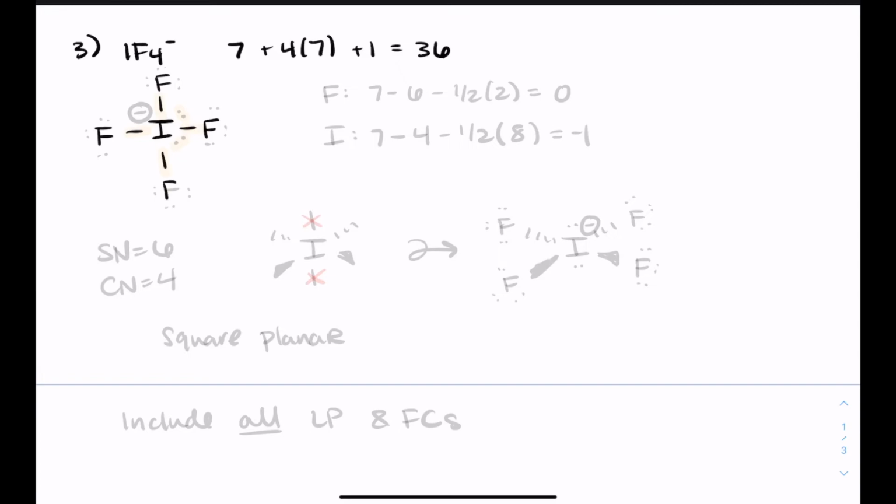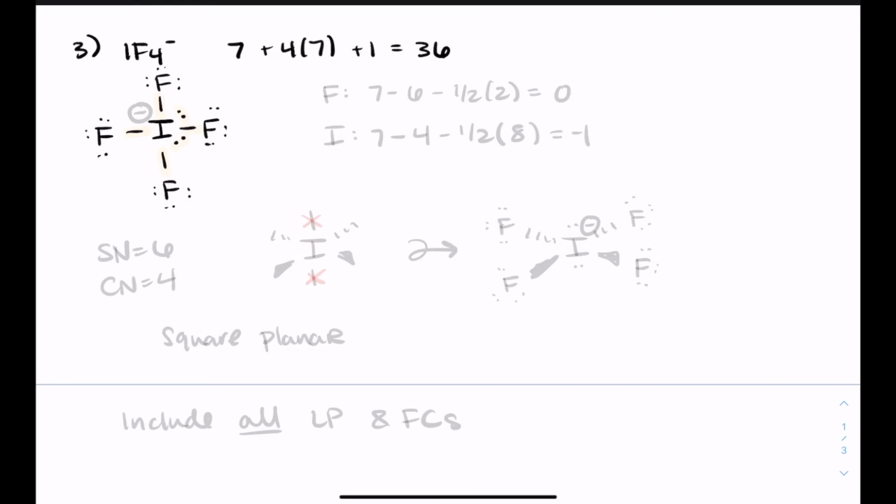My formal charges, fluorine has a 0 formal charge when you calculate it. The iodine has a negative formal charge. Now, okay, fine. It's not the more electronegative atom in this molecule, but we have minimized the formal charge.